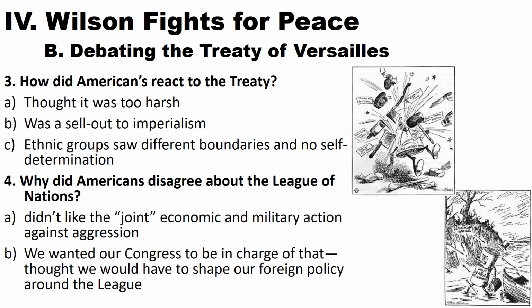In our Constitution, the United States can only go to war if Congress determines that, and that wasn't in the League of Nations. And so they wanted that placed in there. And because Wilson held ground that he wasn't going to add that to it, Congress continually rejected that. And as a result, the United States never becomes a member of the League of Nations.